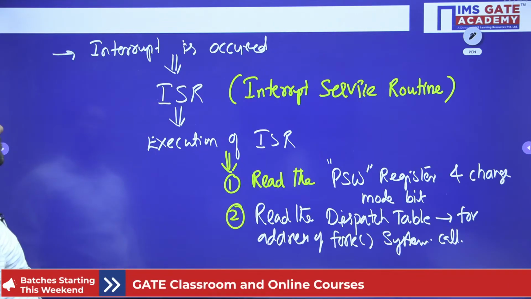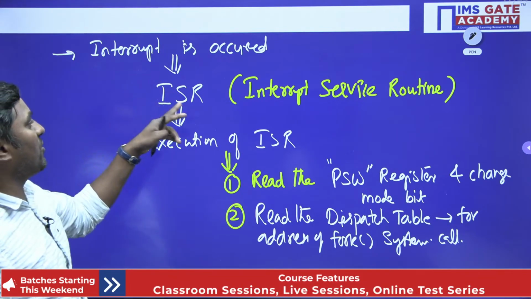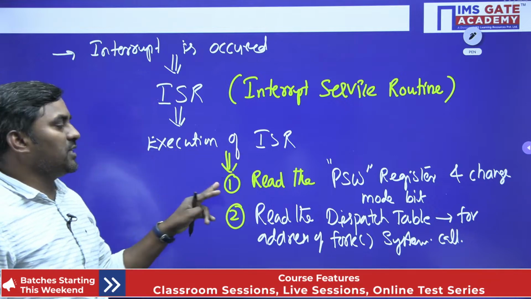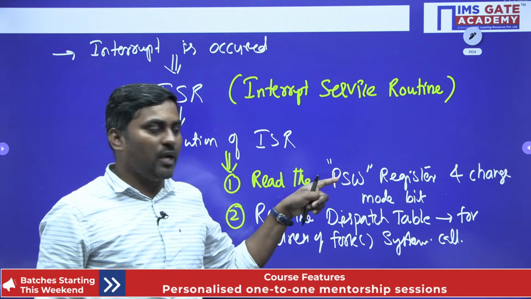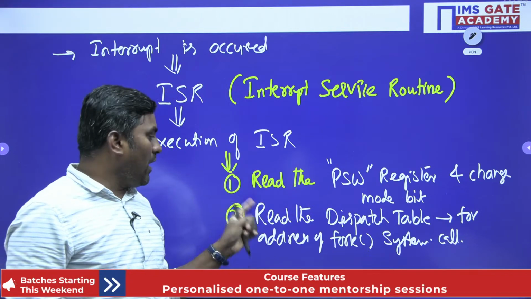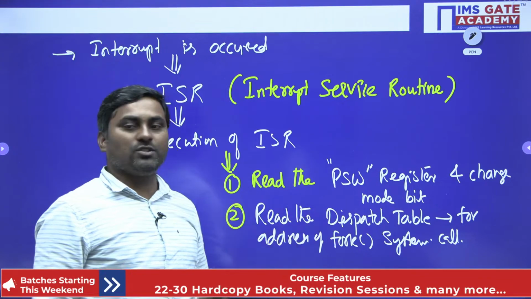Then this one: a software interrupt has occurred, so the ISR will run. Execution of the ISR does two things: read the process status register and change the mode bit, and read the dispatch table to get the address of the fork system call.